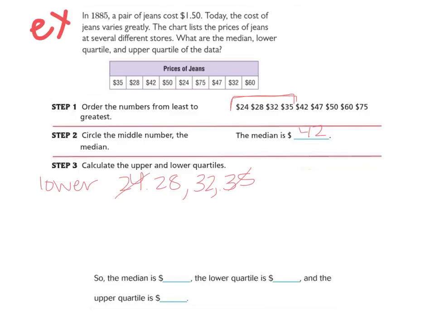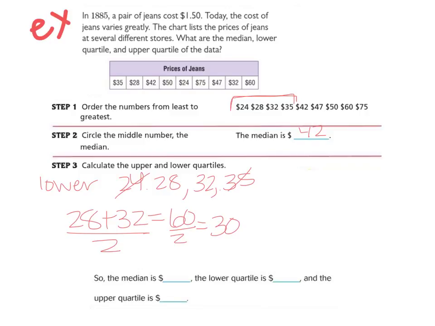So here I've run into a problem. 28 and 32, I don't have a number in the middle, so I am going to find the mean of those. I'm going to find what's in between those two numbers. Okay, so I'm going to add them together and divide by 2. 28 plus 32 would be 60. 60 divided by 2. My lower quartile is 30. That makes sense. 30 is halfway between 28 and 32.